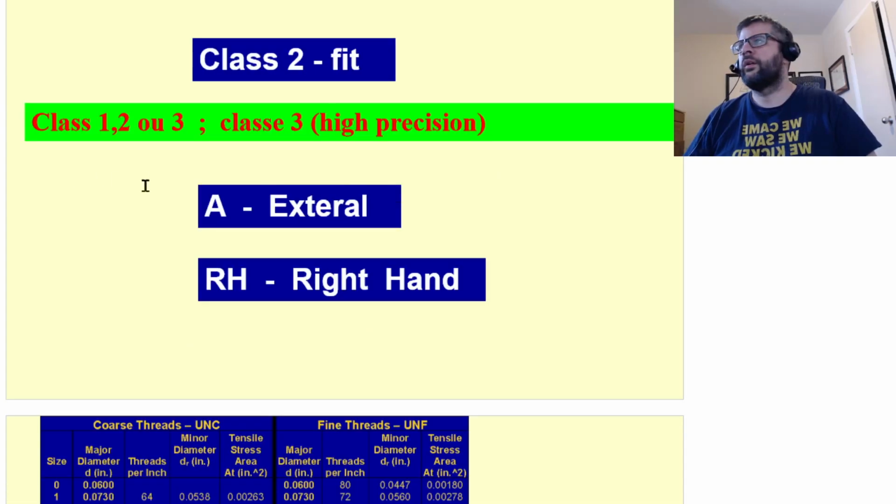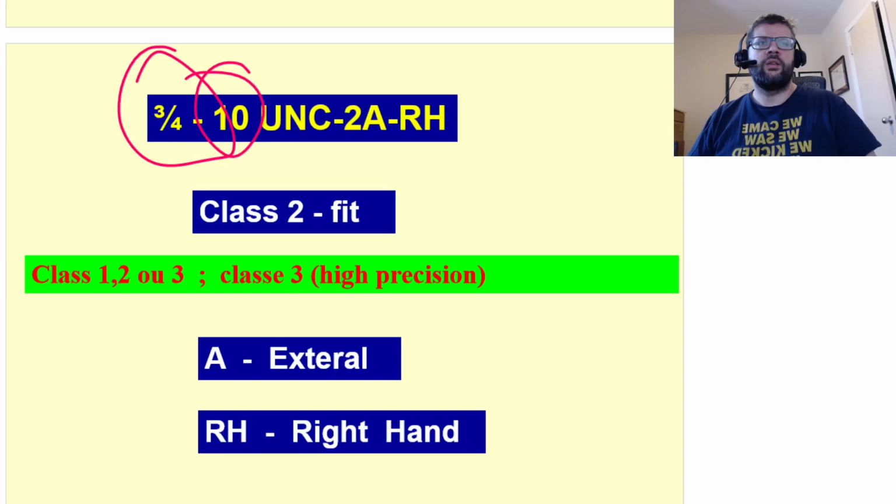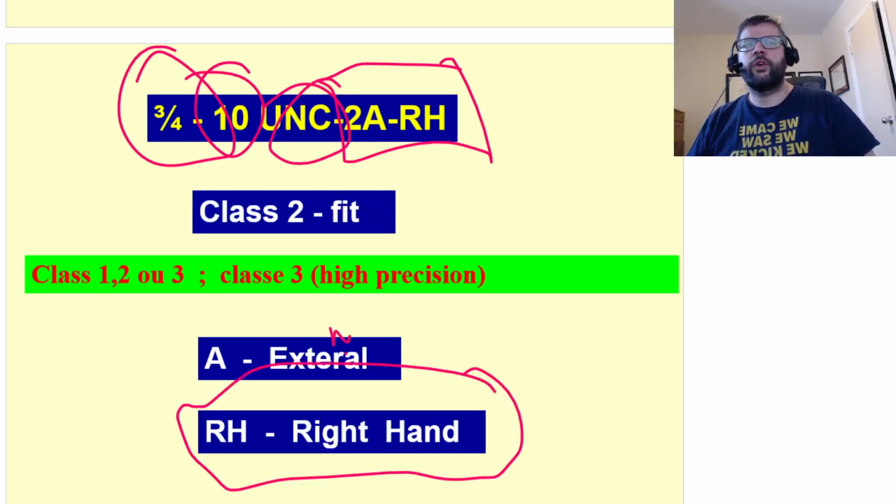Those are specified by giving the diameter, the pitch, the type, and then some other stuff here: the fit, external, and the directionality.